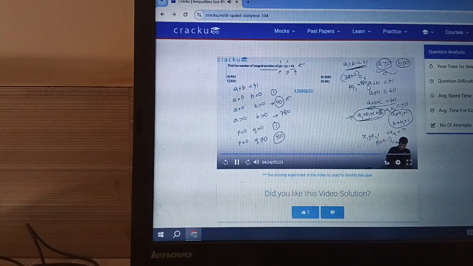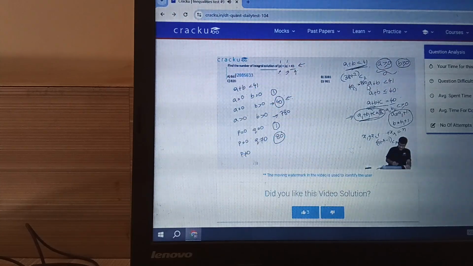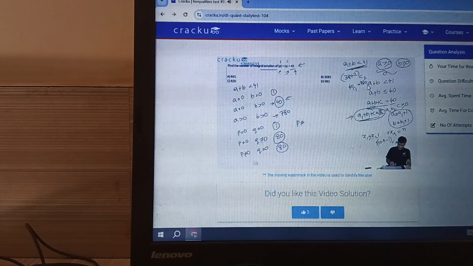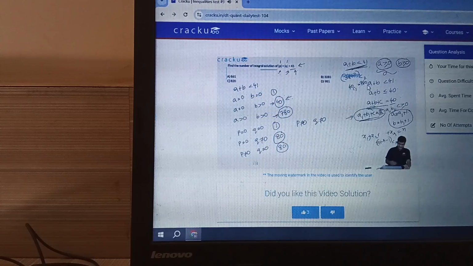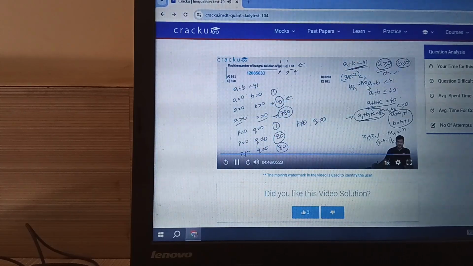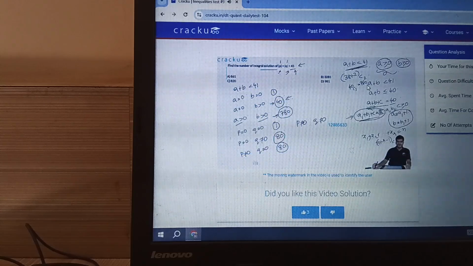Similarly, the other way around, where p is not equal to 0 and q is equal to 0, the number of solutions will also be exactly 80. Now for the last part, where p is not equal to 0 and q is not equal to 0, it will have 780 into 4, because we have to consider four cases. Earlier we assumed p greater than 0 and q greater than 0. Now p can be less than 0 and q greater than 0, or both less than 0, or p greater than 0 and q less than 0.